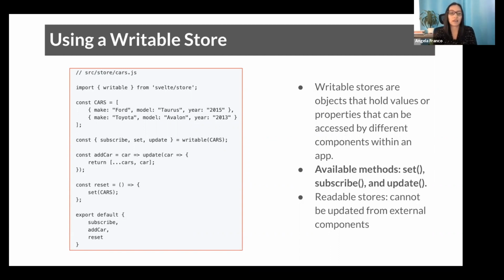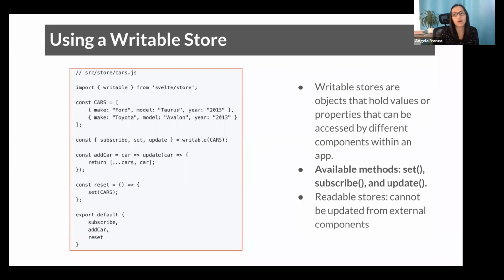You have an update method that runs a callback that takes in a value and returns the updated value. And you also have a subscribe method, so your components can watch for changes to the values that you set in your store. And again, there are readable stores. These cannot be updated from external components. These are going to be read-only stores.